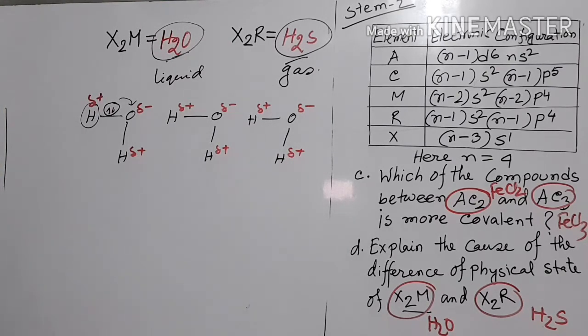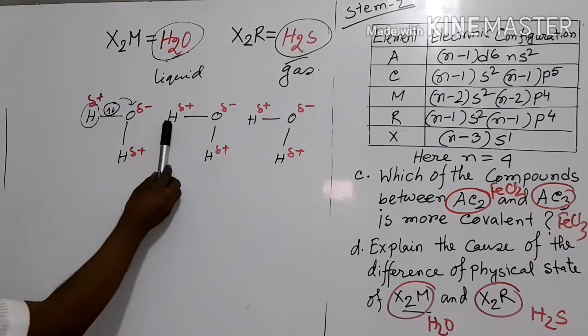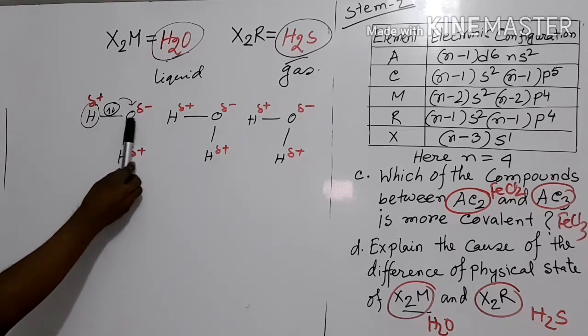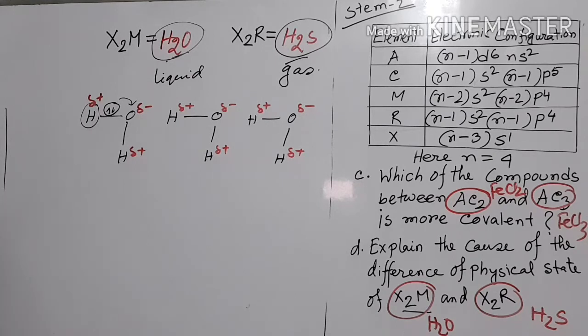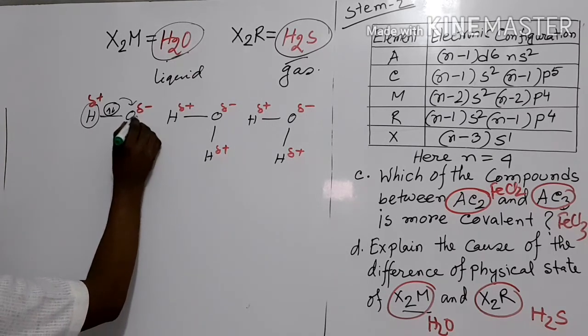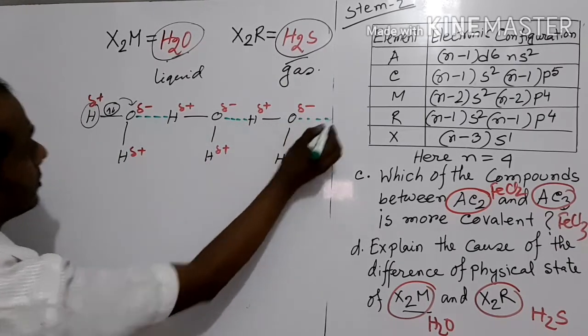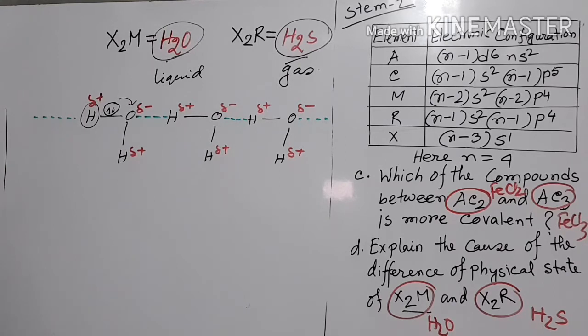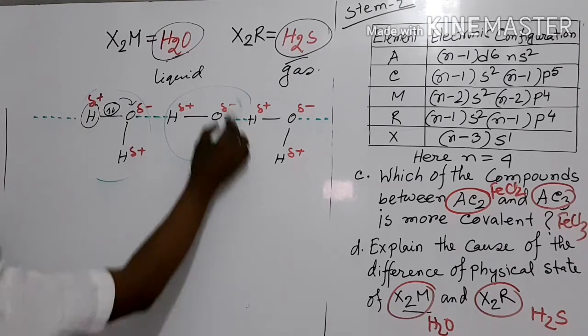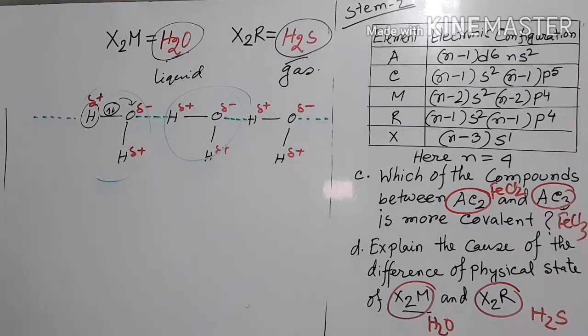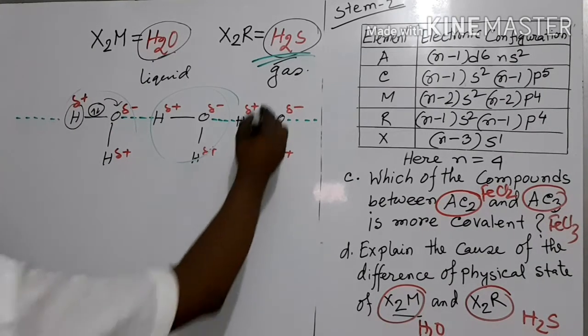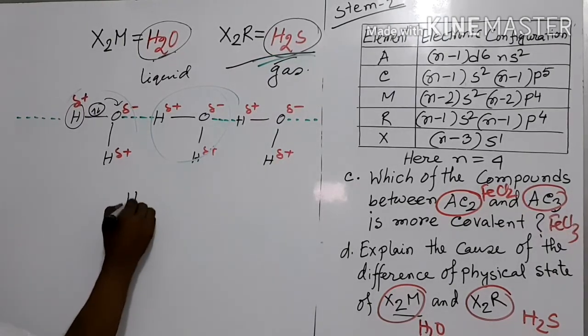In this case, the partially positive hydrogen and partially negative oxygen form an intermolecular hydrogen bond, and these molecules become closer. As a result, the state of the water molecule is liquid.